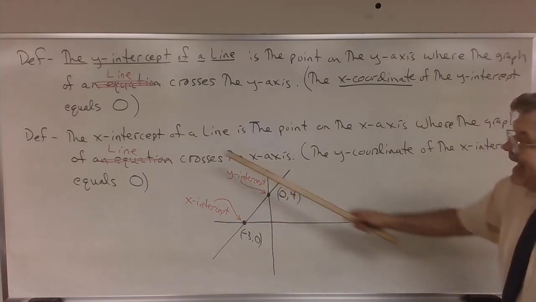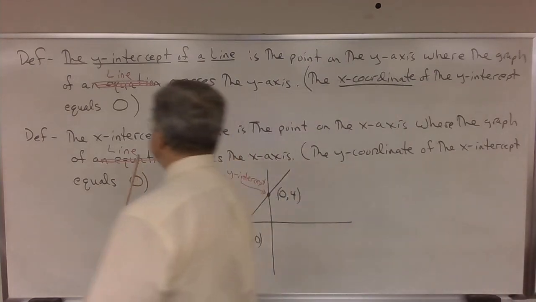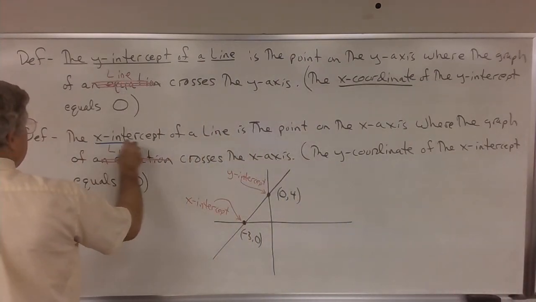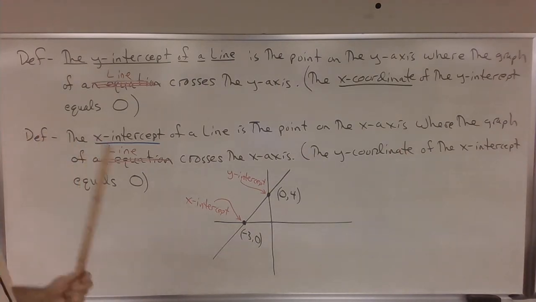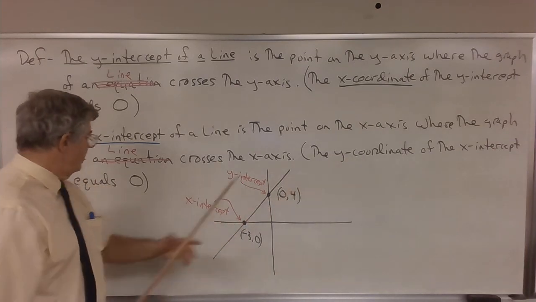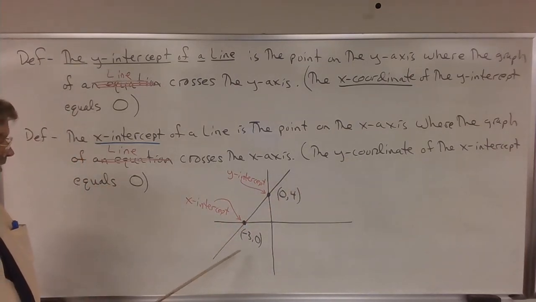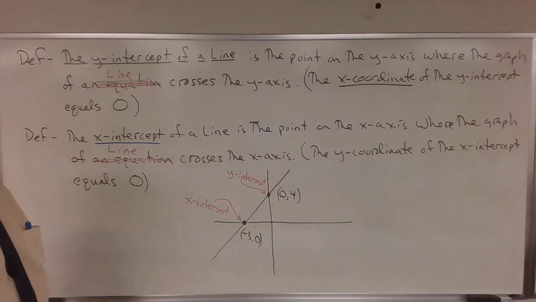So at the x-intercept, and let me underline that, the y-coordinate is 0. And for the y-intercept, the x-coordinate is 0.